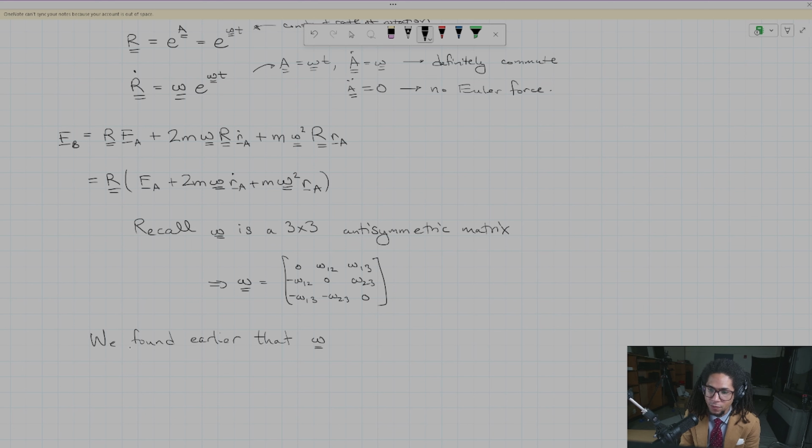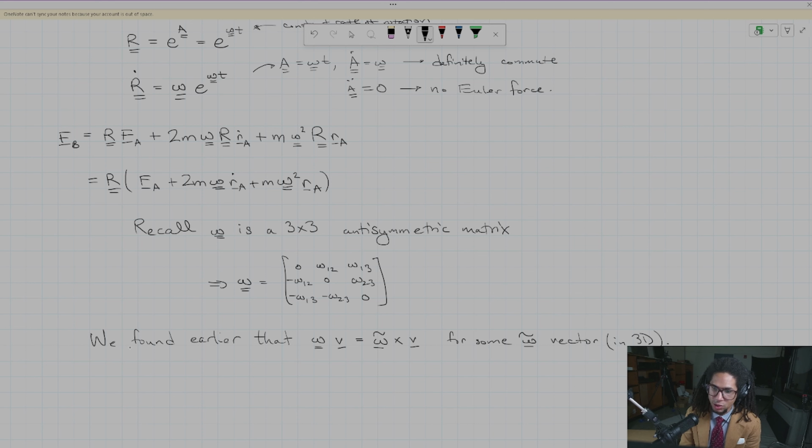Omega times, let me just say a vector V, is equal to, let me say omega tilde cross V for some omega tilde vector in 3D.